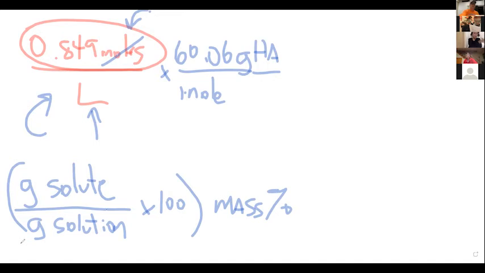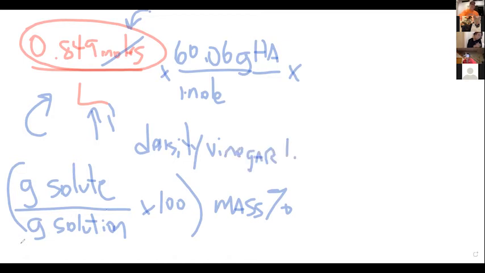Now I need to convert the bottom to grams of solution. How am I going to do that? Well, I do that with the density of the vinegar solution, which is given to you as 1.005 grams per mL.